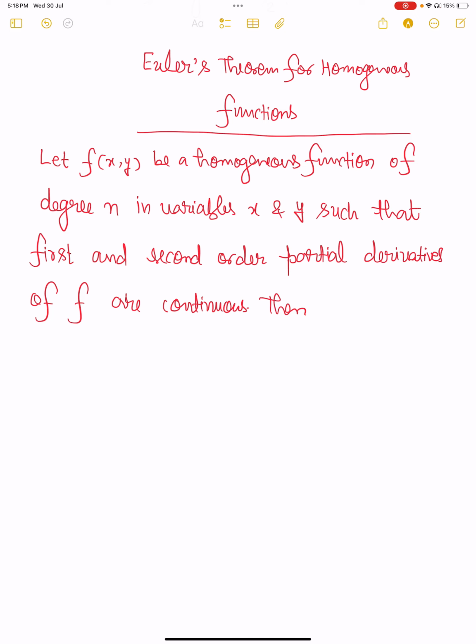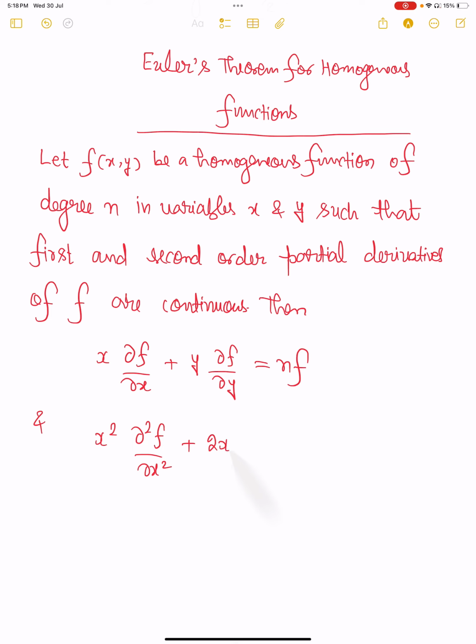Then we have x del f upon del x plus y del f upon del y equals n times f, and x square del square f del x square plus 2xy del 2f del x del y plus y square del 2f del y square is equal to n into (n minus 1) f.